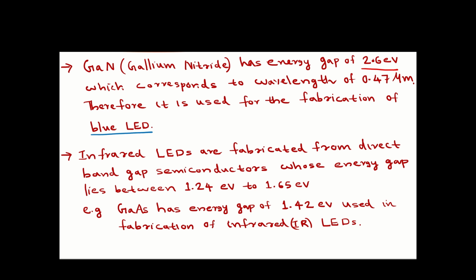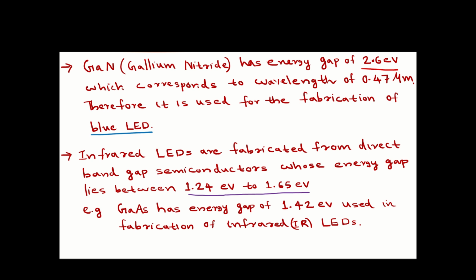The next point is that infrared LEDs are fabricated from direct band gap semiconductors whose energy gap lies between 1.24 electron volt and 1.65 electron volt. Invisible LEDs, that means infrared LEDs, are fabricated from direct band gap semiconductors whose energy gap is between 1.24 electron volt and 1.65 electron volt.